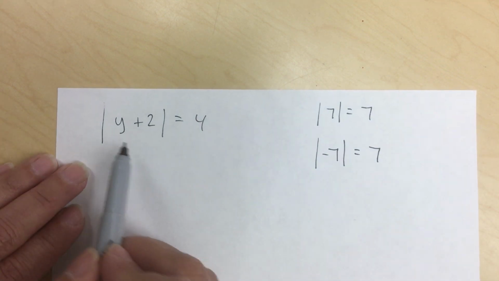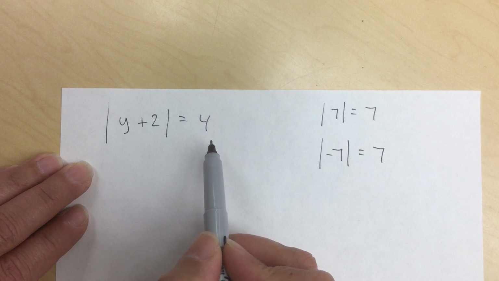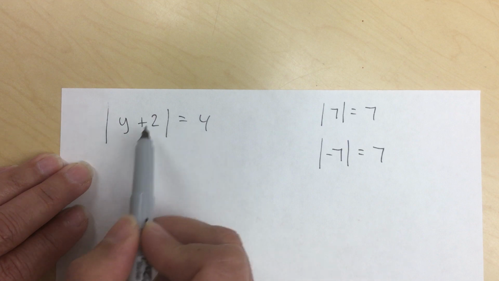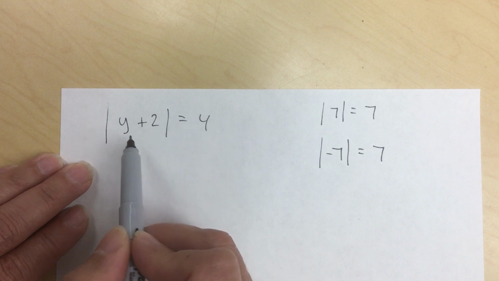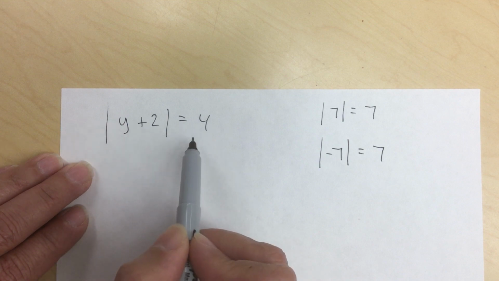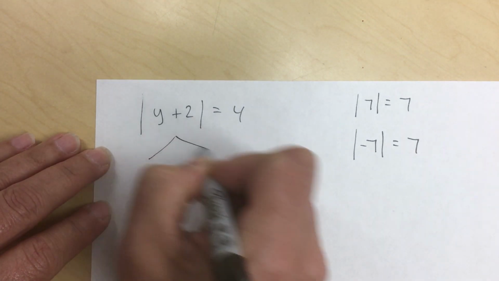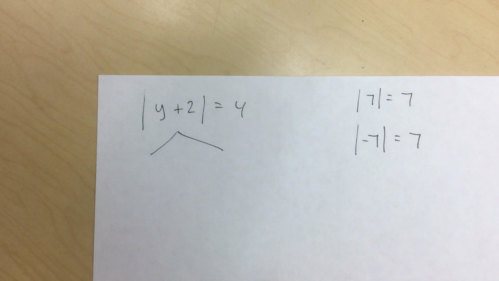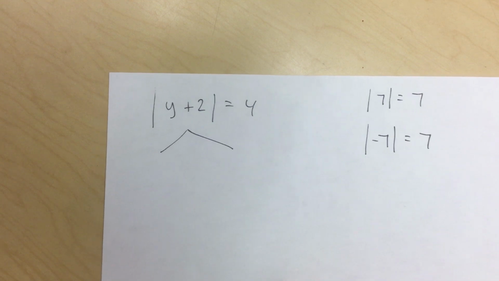So if I know that the absolute value of y plus 2 is equal to 4, there are two possibilities. This answer could have been 4, which gives me 4, or this answer could have been -4, and that will also give me 4. So what you do is you break it into two, and I always have my students draw two little arrows. I get to give you one problem, and you get to solve two equations.